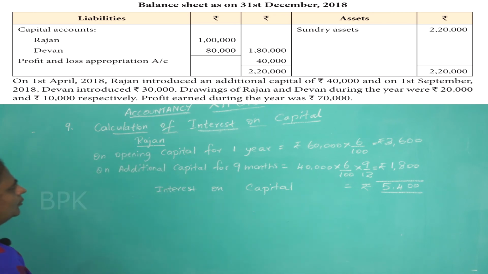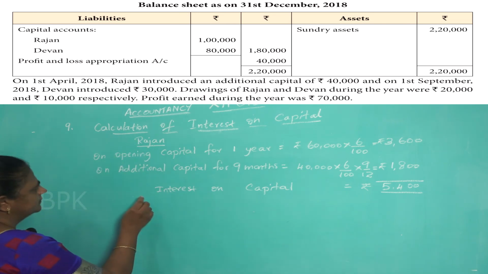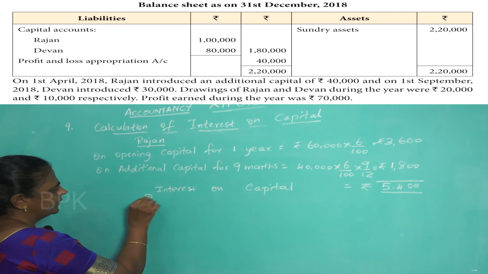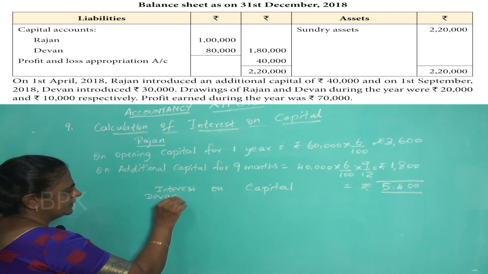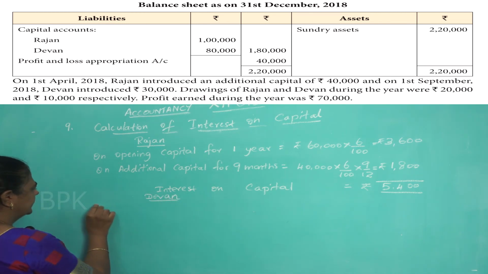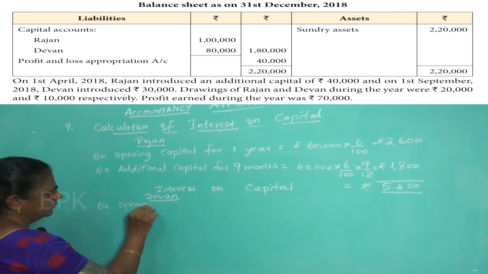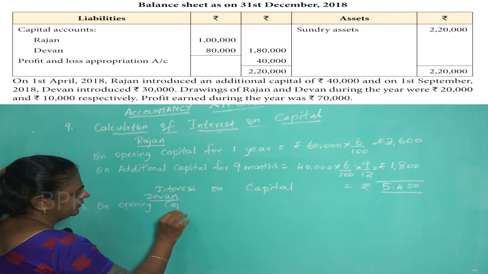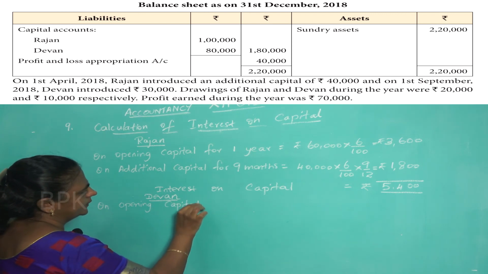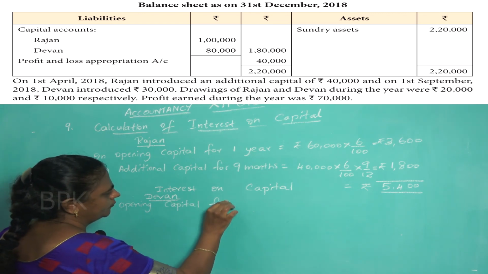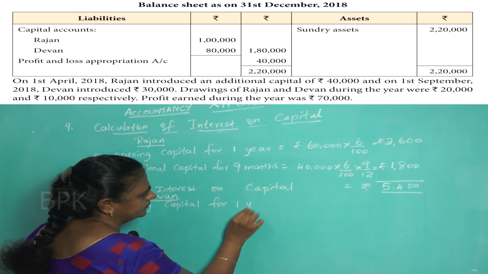Okay. Now you have to calculate for day 1. So do it for day 1 also. Day 1 also on opening capital for 1 year.